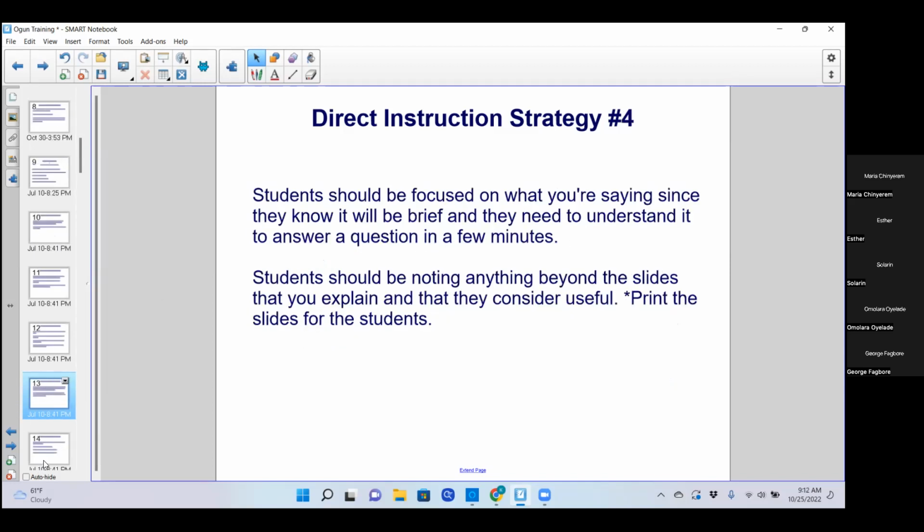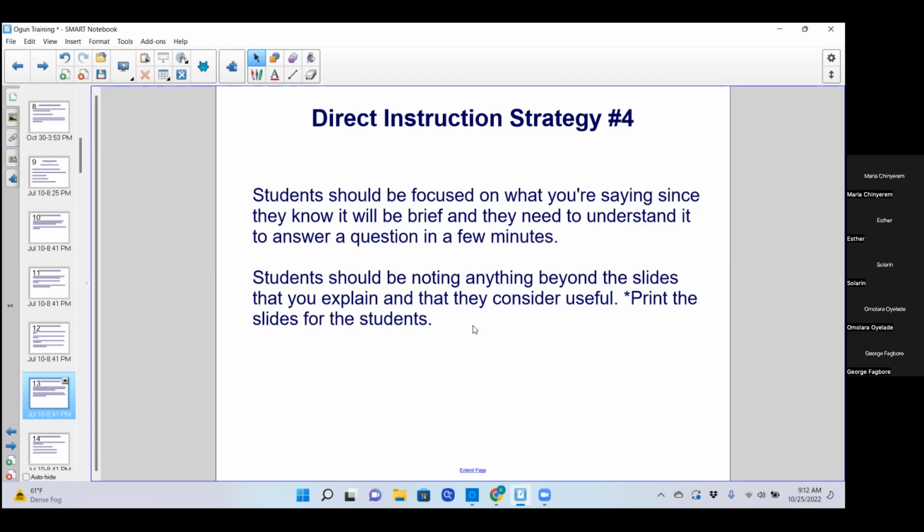All right, that kind of goes back to the limited, but this part down here, the students should not be taking notes as we typically think of traditional note taking. They shouldn't have paper and just be writing the whole time. At the beginning of each unit, you're going to print out the presentations for their students, or the teachers will, when you're training them.